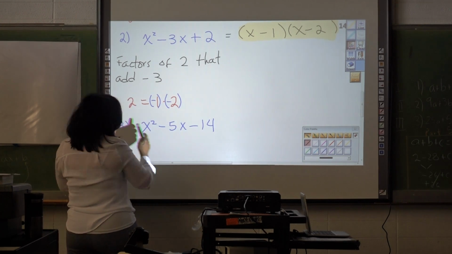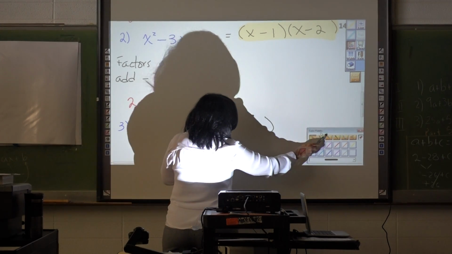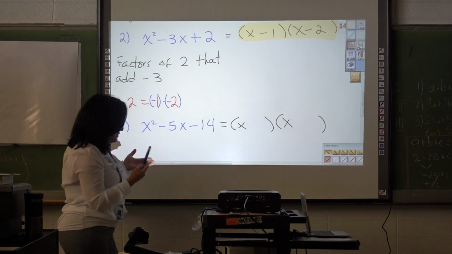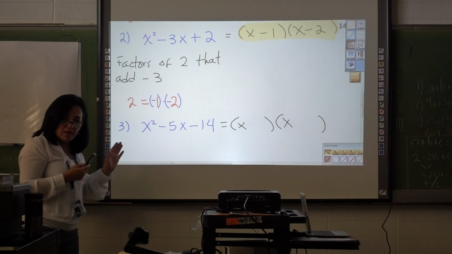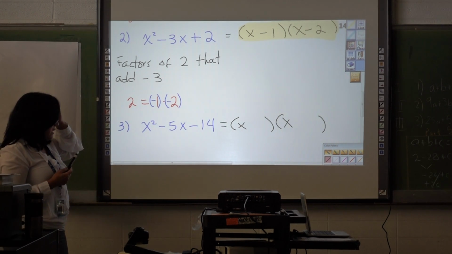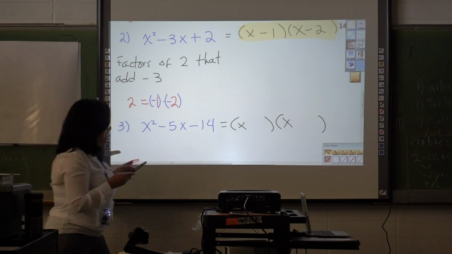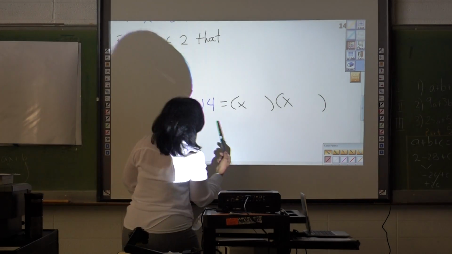I know that both factors have to have x as a term. X times x is x squared, so that's why you have to have x and x in the first place. Now I need factors of negative 14 that add to negative 5.